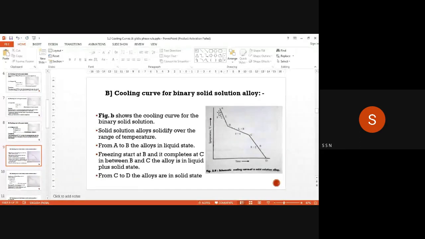So here we can vary two variables without changing this liquid phase. In the middle line B to C, we can vary only 1 degree of freedom without changing this liquid plus solid phase. And at C to D, one solid phase is there, and there we have two variables that can be varied without changing the solid phase. So this is the cooling curve for the binary solid solution alloy.